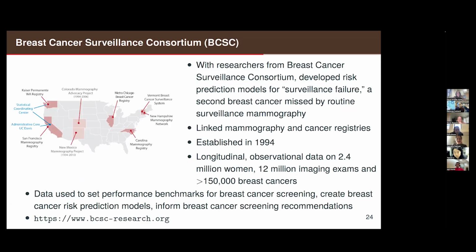So I worked with researchers from the Breast Cancer Surveillance Consortium, which is a large national consortium that brings together EHR data from radiology facilities on breast screening and cancer registries on cancer outcomes to look at utilization, performance, and risk prediction for women undergoing mammography or other modalities of breast cancer screening.